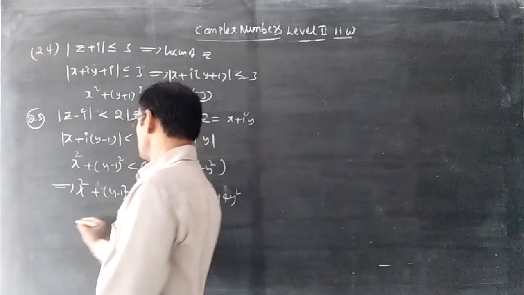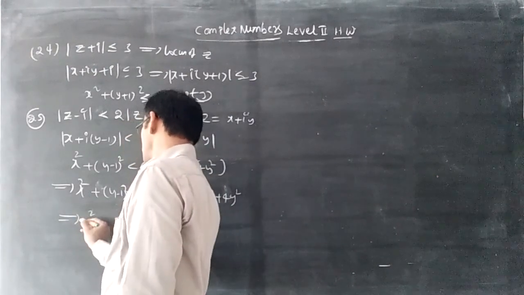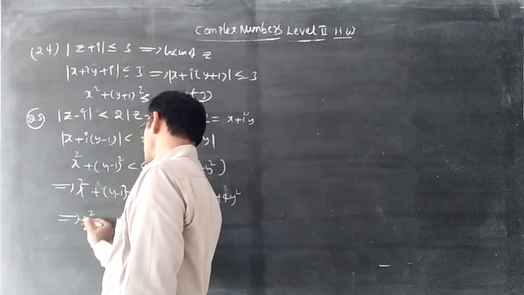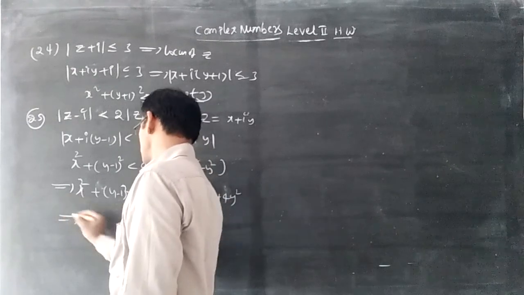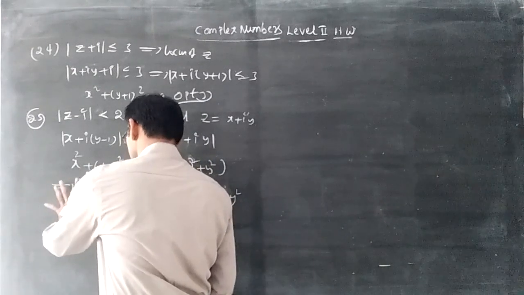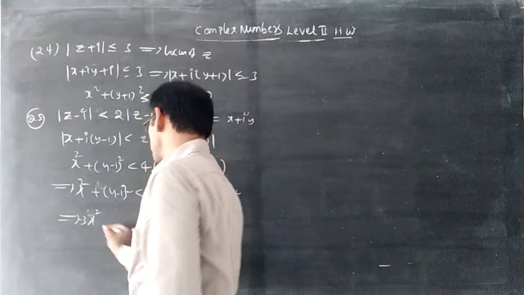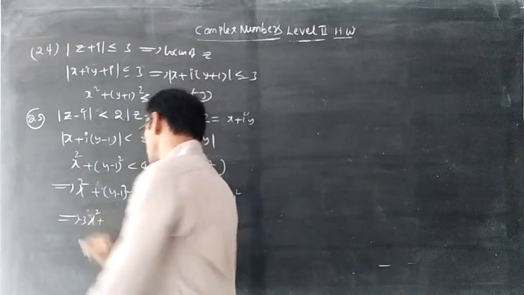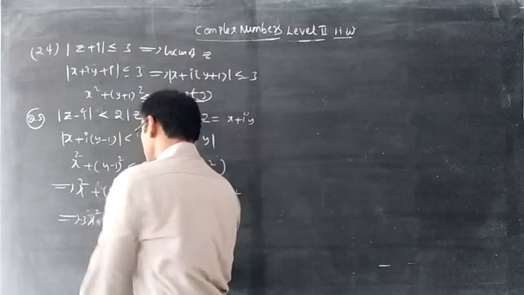Better to take these terms together. x square minus 4x square becomes minus 3x square, and this is minus 3y square, expand this one.